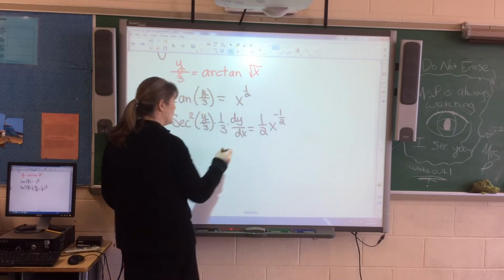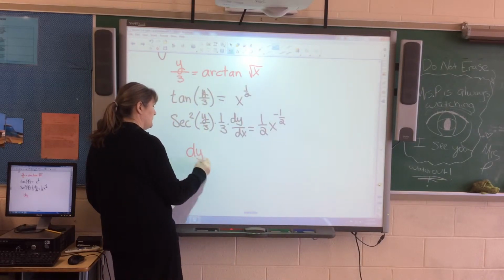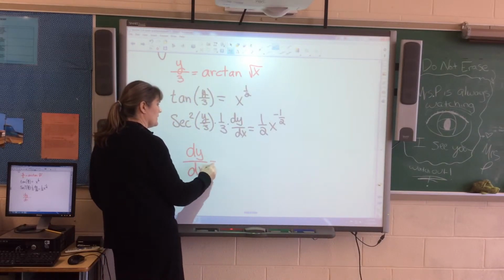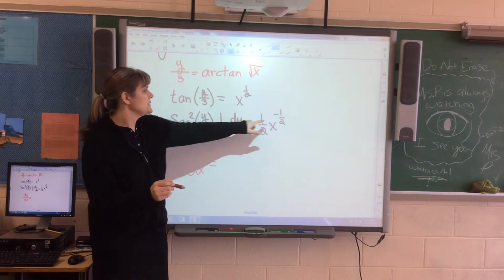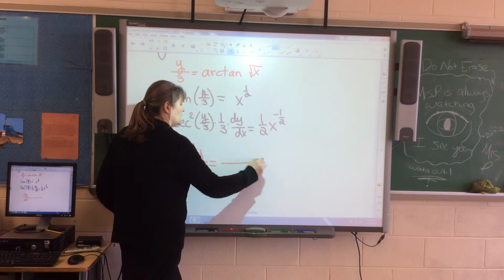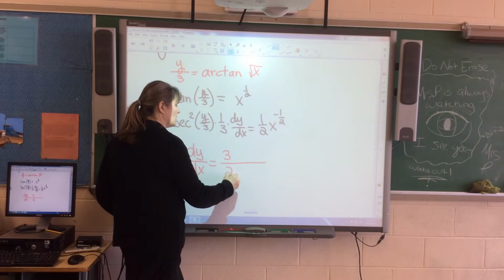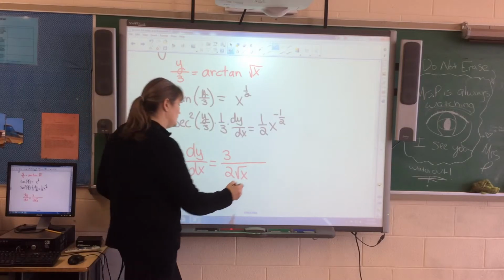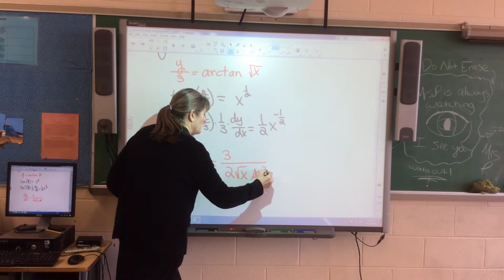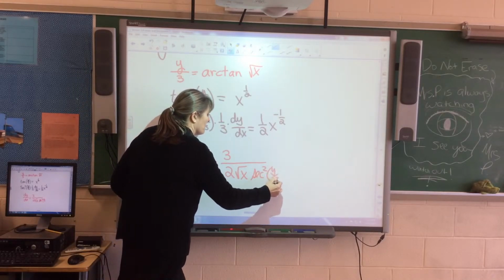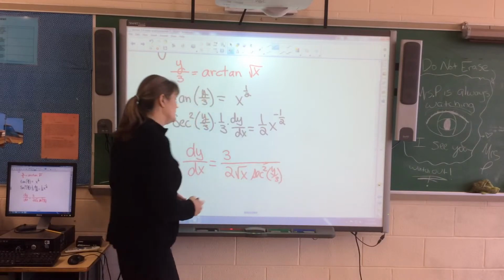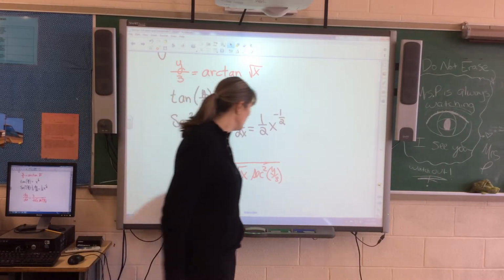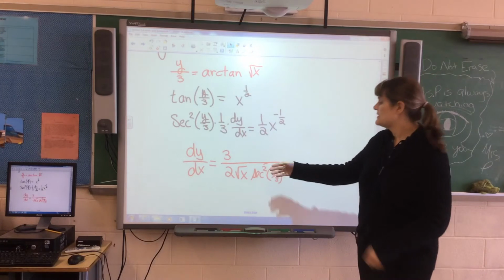So dy dx stays. I'm going to multiply both sides by 3. So it leaves me with 3 over 2. That's going to move to the bottom. And I'm going to divide by secant squared. That will be on the denominator. All right, so we have an x in part of it, but we have a y in the other.